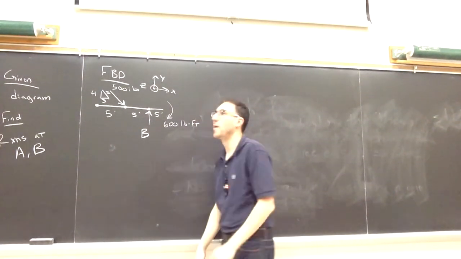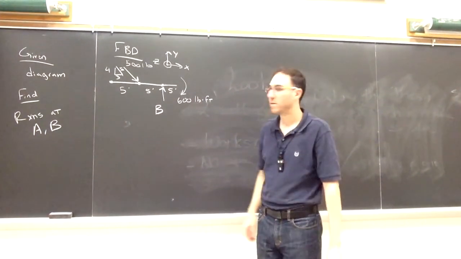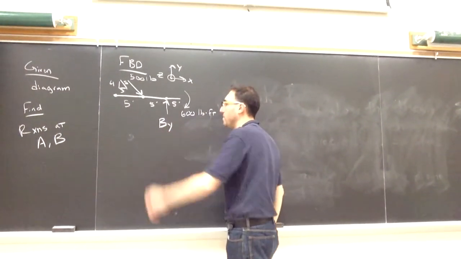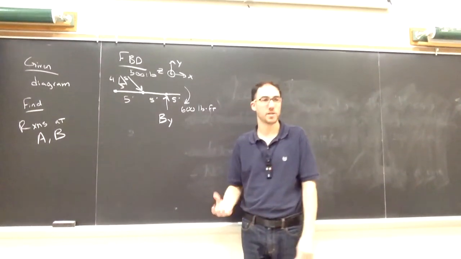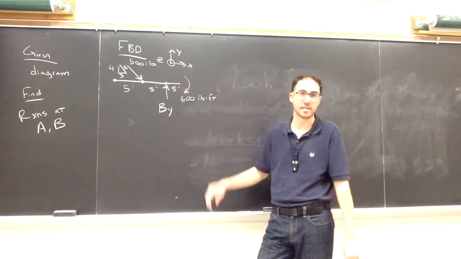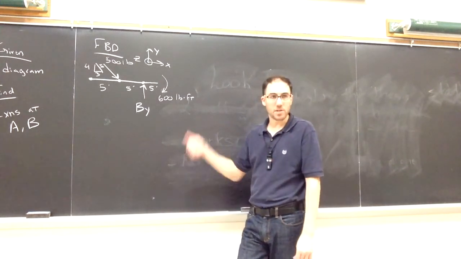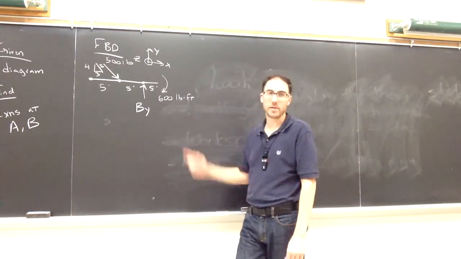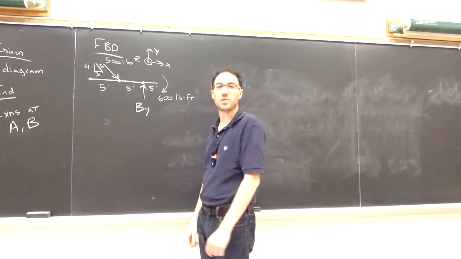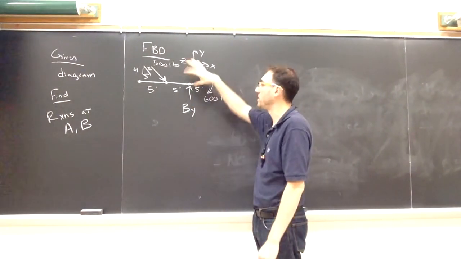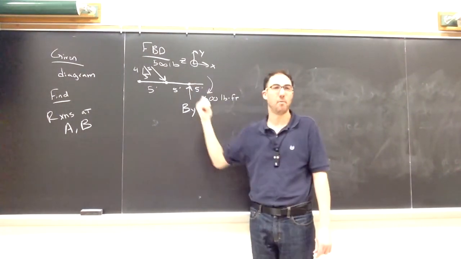Because we don't know it, I'm just going to call that B, or in some cases By, because we know it's the vertical component, but there is no Bx in this case. So one force in the vertical direction, we don't know its magnitude. And because the roller was there, could the beam rotate around the z-axis at that point?